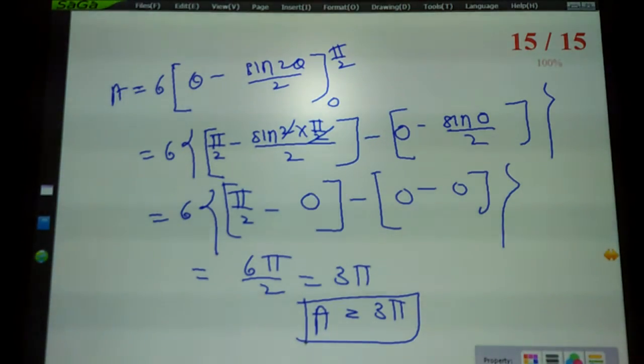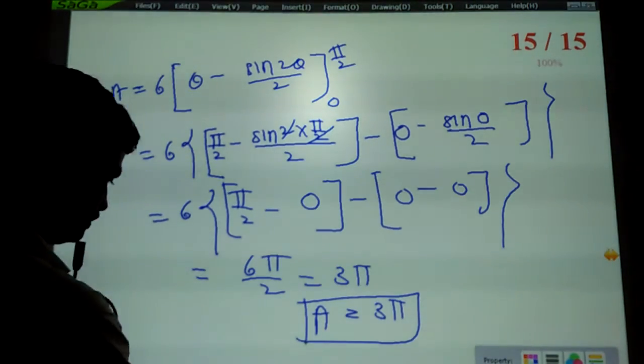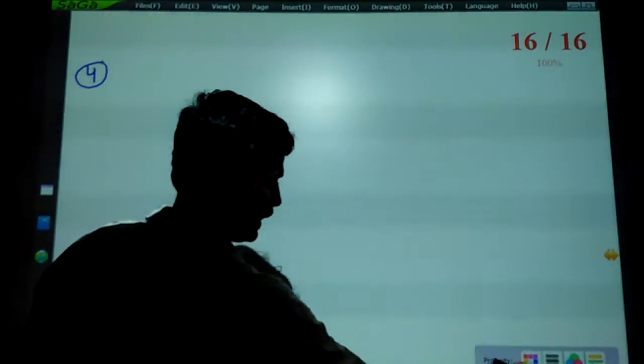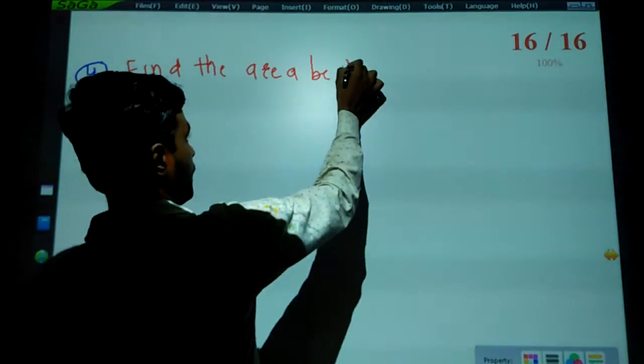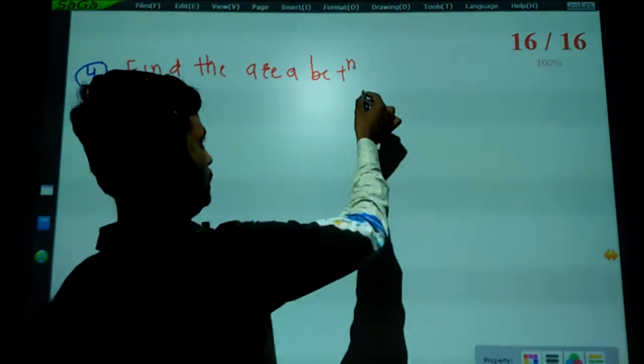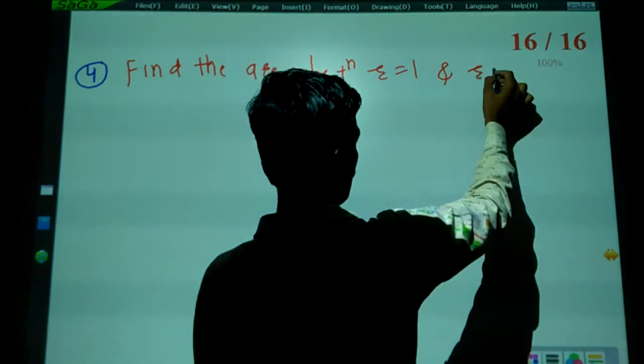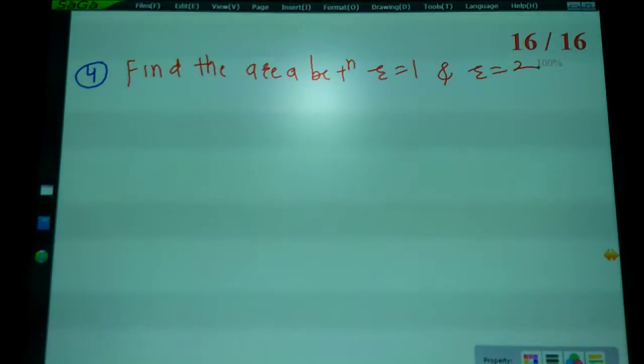Now we will start the next example. Example number 4. Example number 4 is: find the area between r is equal to 1 and r is equal to 2.